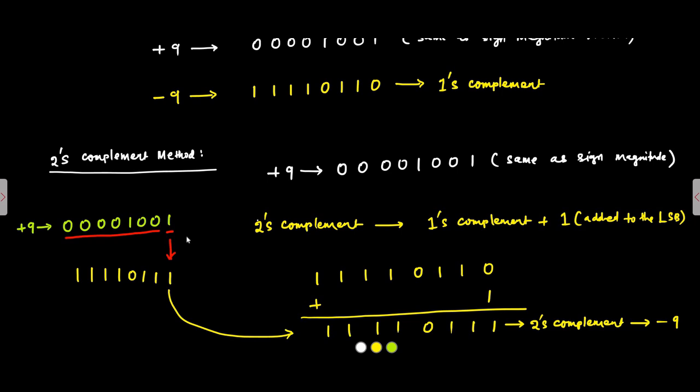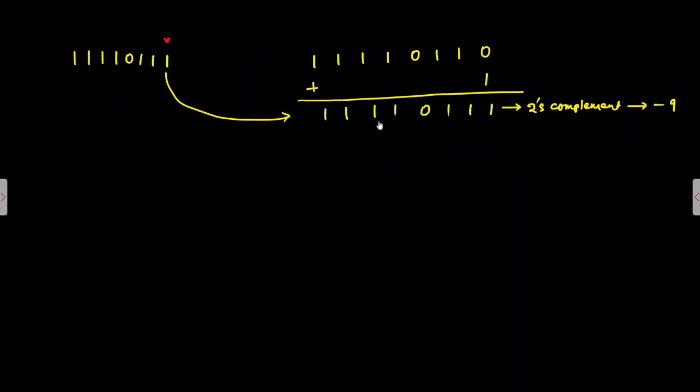For example, let me use another example to make my point. I'm not picking any particular number, I'm just trying to make you understand what I'm saying. Let's say we have a positive number representation like this, and we have to take the 2s complement directly.